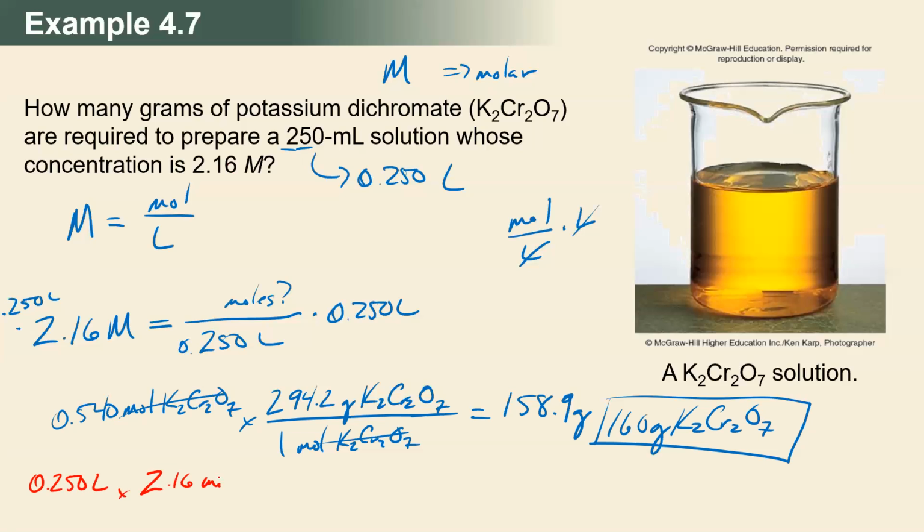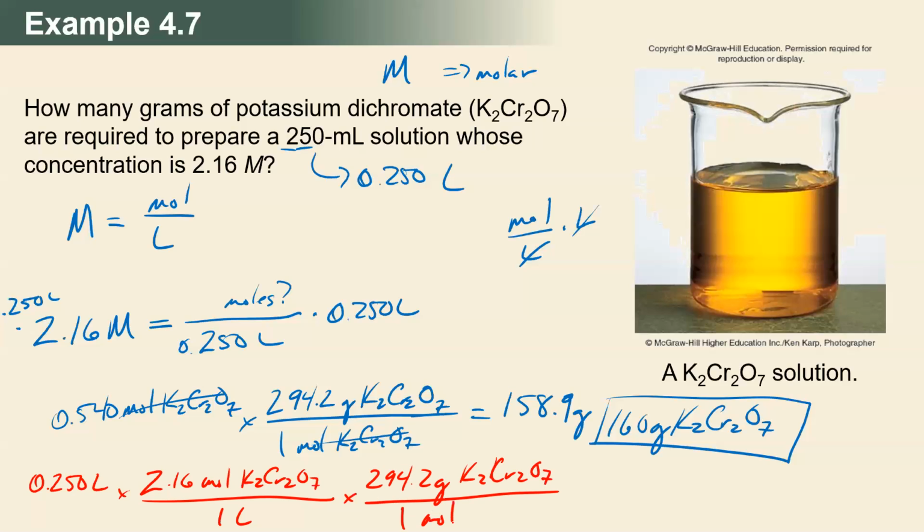2.16 moles K2Cr2O7 per 1 liter times 294.2 grams K2Cr2O7 per 1 mole.